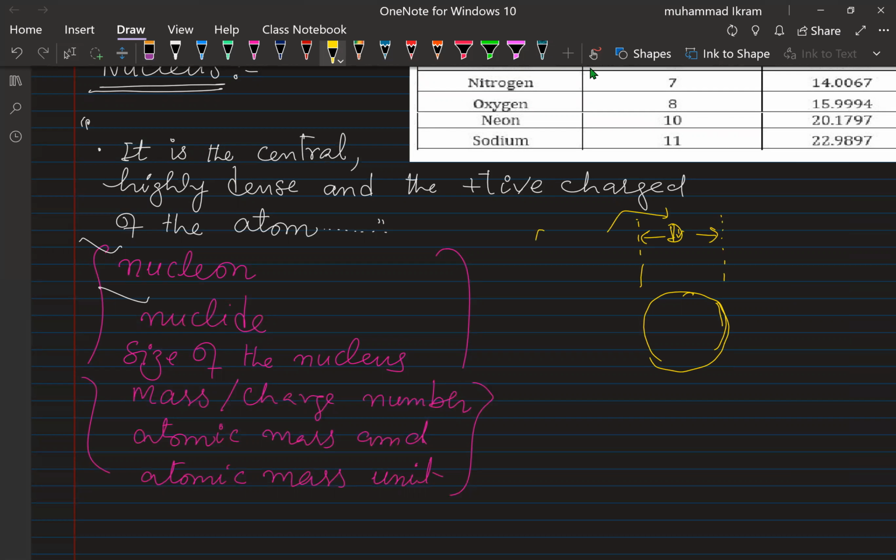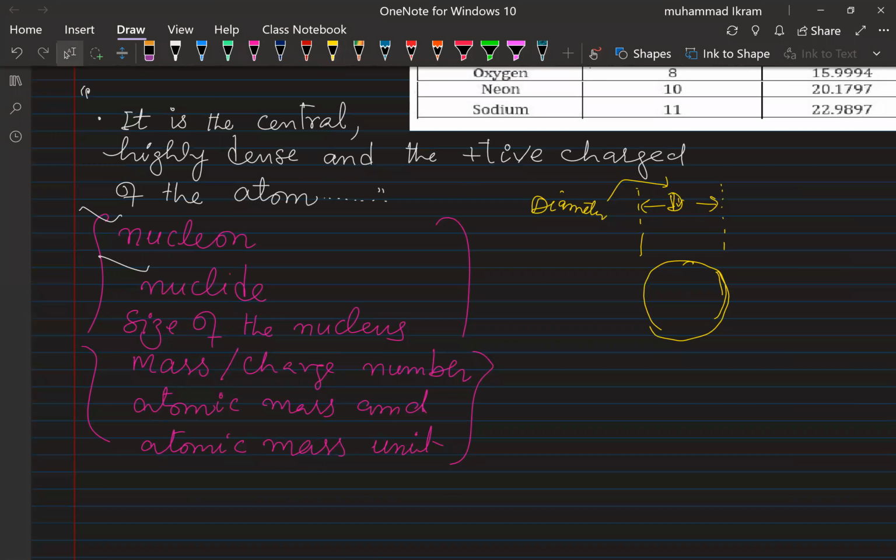Now this is the radius of the nucleus, and I denote this radius by R.